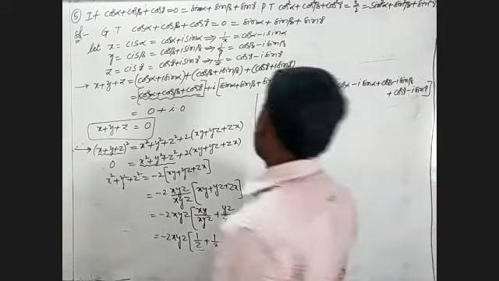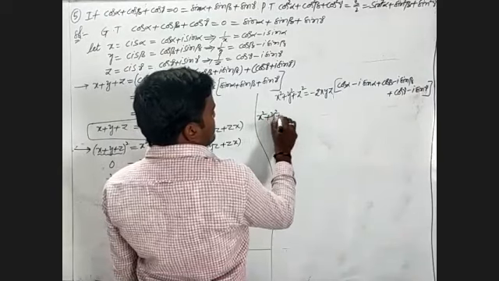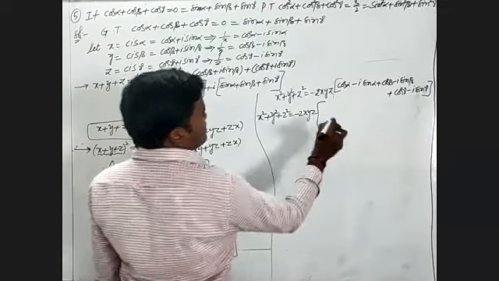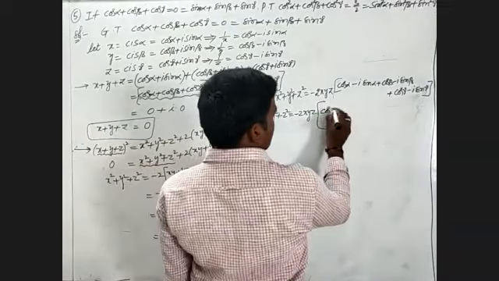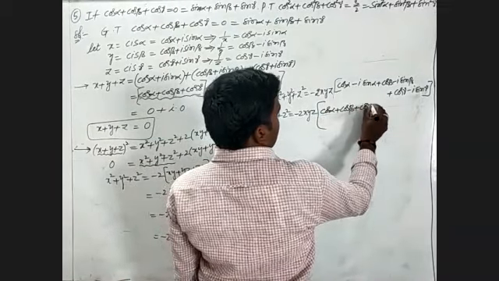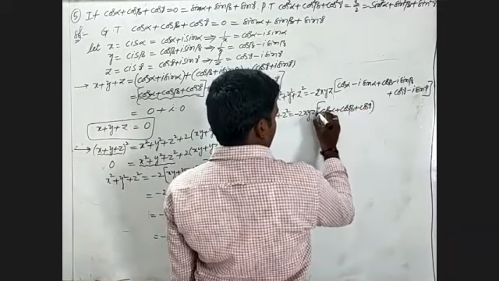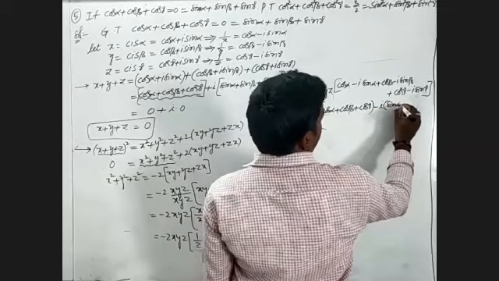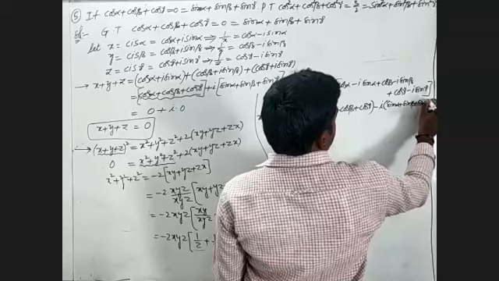Observe how to expand this. x square + y square + z square = minus 2 xyz into, I have to separate the real and imaginary parts: (cos alpha + cos beta + cos gamma) minus i (sin alpha + sin beta + sin gamma).